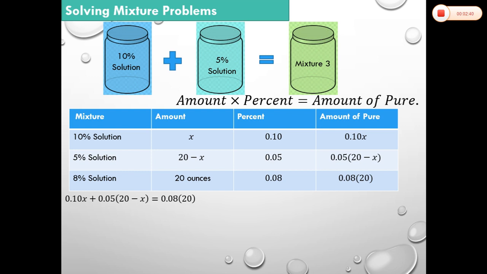Because when we add the amount of pure from the 10% solution with the amount of pure in the 5% solution, it is equal to the amount of pure in the 8% solution.